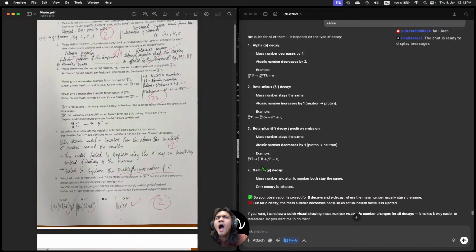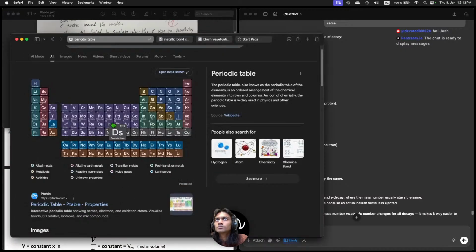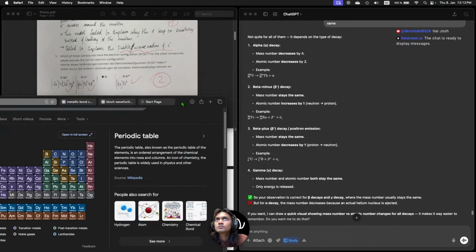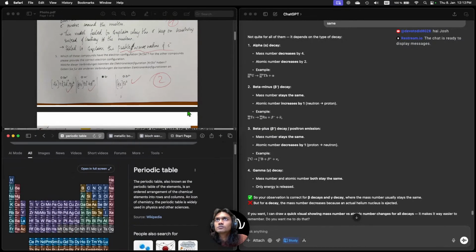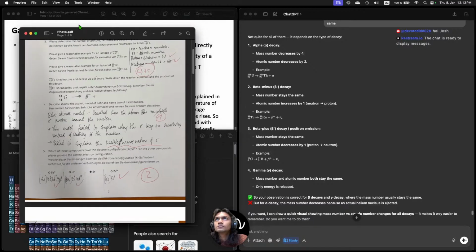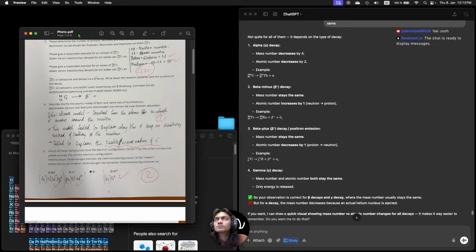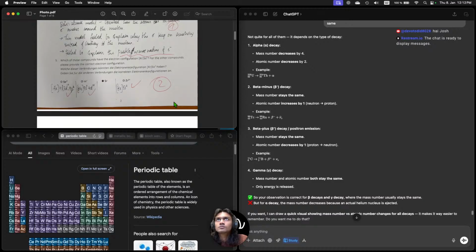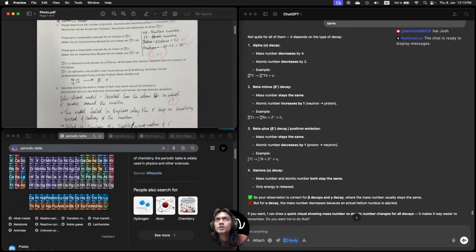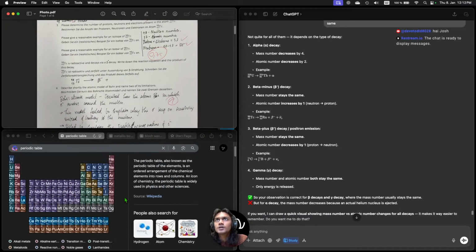That's not a good looking carbon. Where's the carbon? Carbon 12.